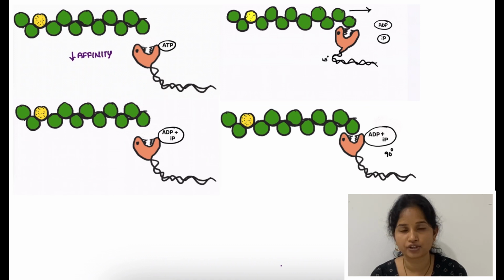Now actin myosin binding will occur. This forms a high energy bond, which is the 90 degrees bond, attached to the actin. Now with the release of ADP and inorganic phosphate from the ATP binding site, the high energy bond is converted into a low energy bond, which is the 45 degrees. So initially it was 90 degrees, now it is 45 degrees.